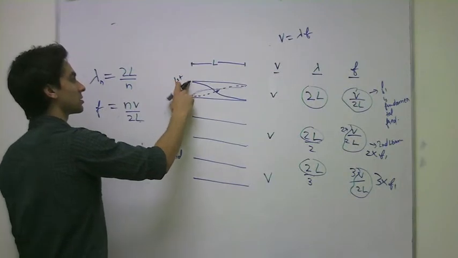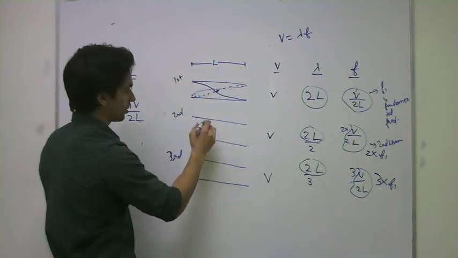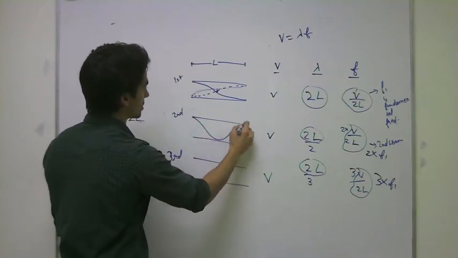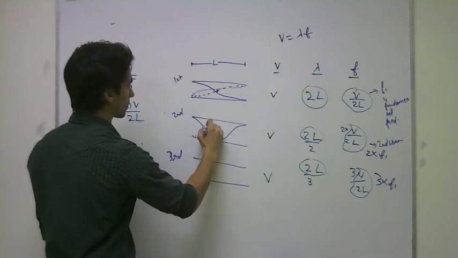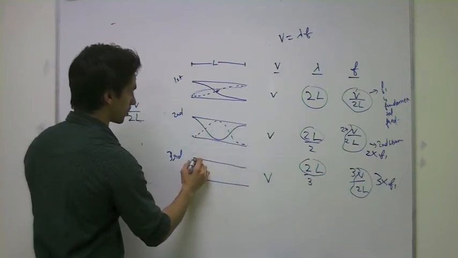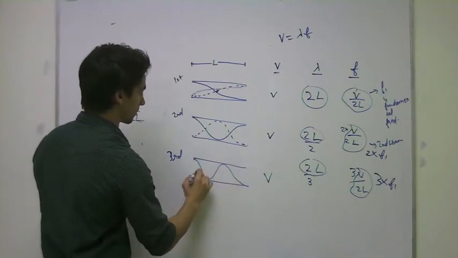Velocity here is the speed of sound in air. Okay? My second harmonic, again, will look something like this. Okay? And my third harmonic would look like that.